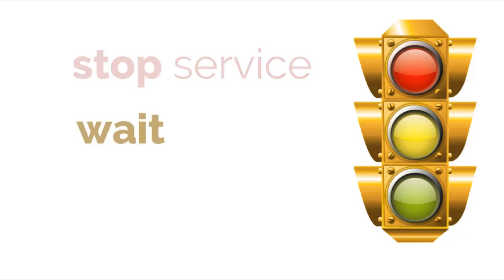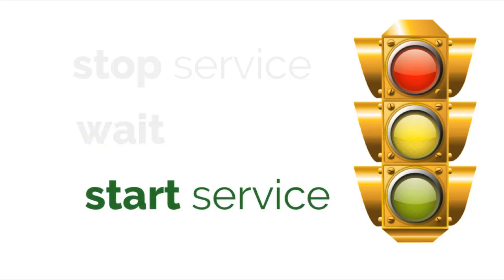And then the waiting phase happens. This is the part where the failover cluster will search the available nodes within the cluster that would be capable of hosting the workload that was just stopped. And then the start service phase: the cluster will start the particular service on that available node.